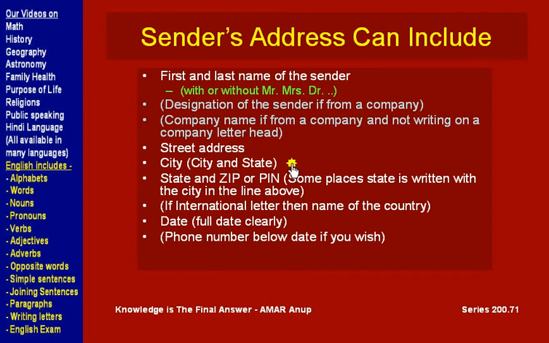So depending on what country you live in, you have to follow the rules. The city and state, for example, is written in the same line in India, in England, in Canada, but the state name along with the zip is written separately in countries like America.